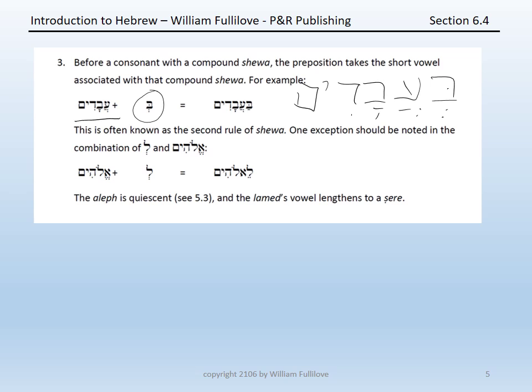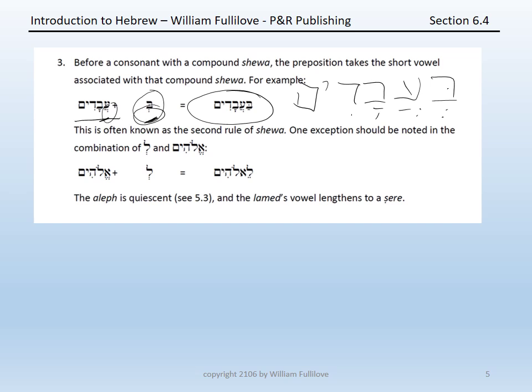The vowel sound in the compound schwa will influence the vowel under the prefix preposition, and that vowel will become the corresponding short vowel. So since we have an A-class vowel in avadim, the addition of the bet creates ba-avadim.